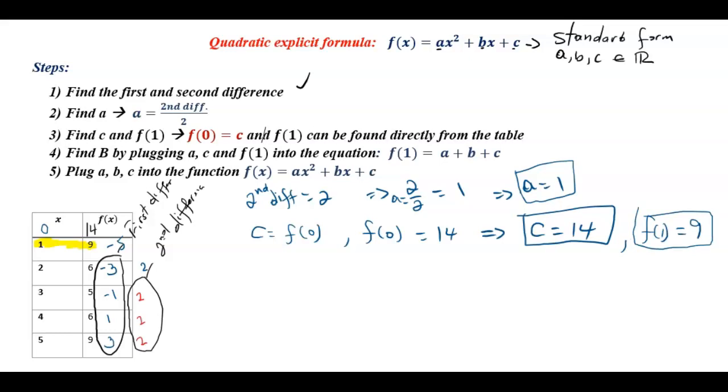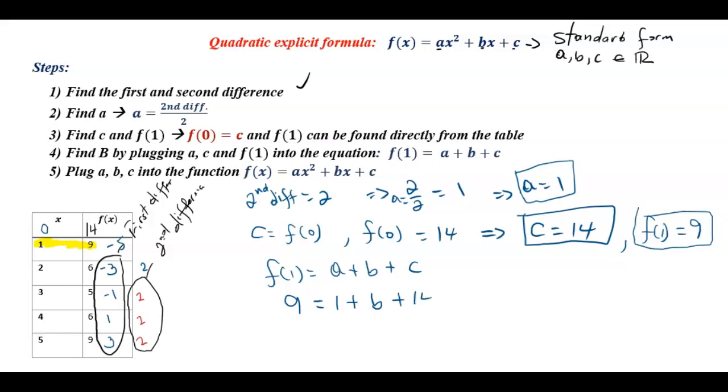So what I'm going to do in step 4 is f of 1 equals a plus b plus c. I know f of 1 is 9. So 9 is equal to, I know a is 1, plus b, I don't know what b is, plus c, I know c is 14.